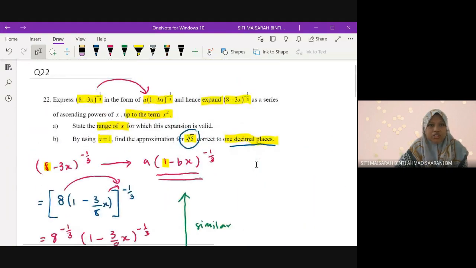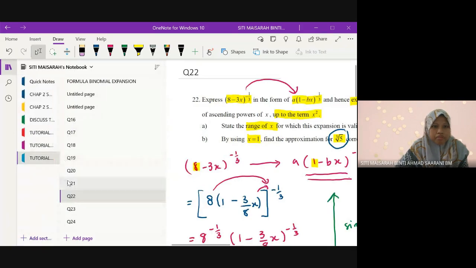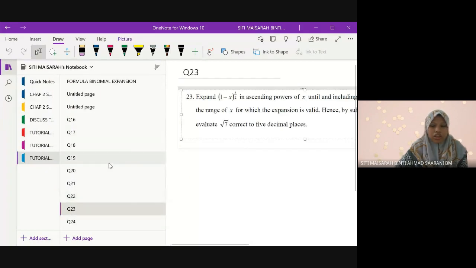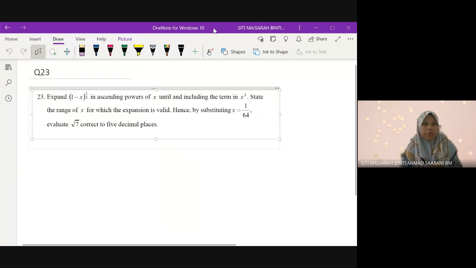Alright, so this is for question 22. Then the next question is 23. Okay, this is similar to question 22. Expand (1 minus 3x) power 1/2 in ascending powers of x until and including the term in x cube.